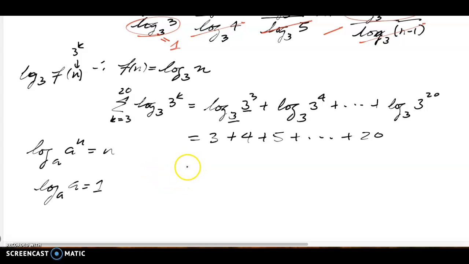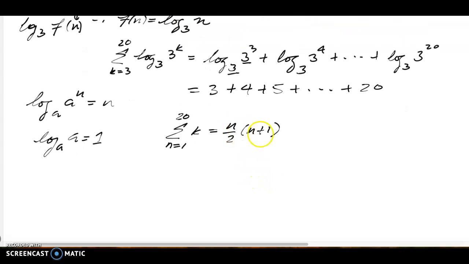And we know that because we can say this. Now this is where it gets a little tricky, where we say that we know that the sum of k from k equals 1 to n is equal to n over 2 times n plus 1, right? In this case, n is going to be our 20. The thing is, notice what we're starting with, 1.